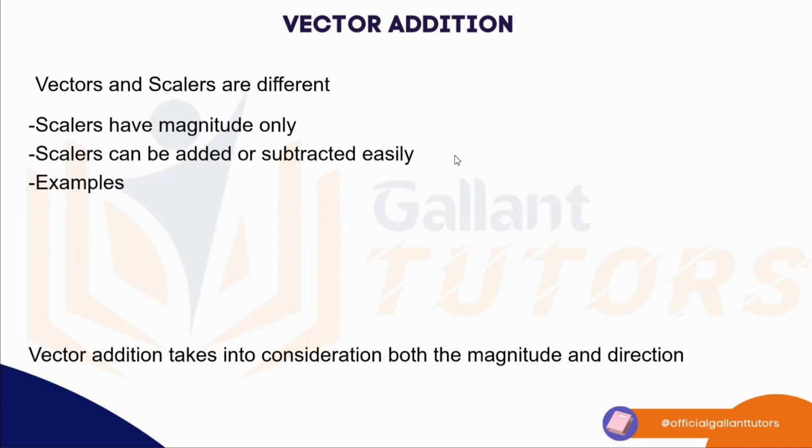All right. So vectors and scalars are different. Take note of that. Vectors and scalars are totally different. Whenever we're adding scalar quantities, we do not take into consideration the direction.